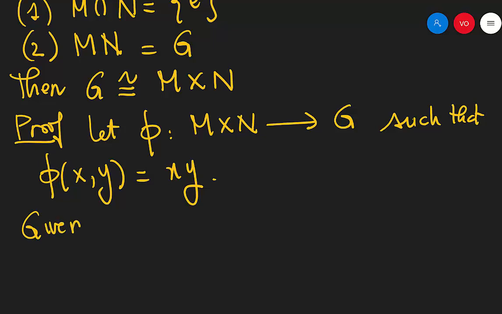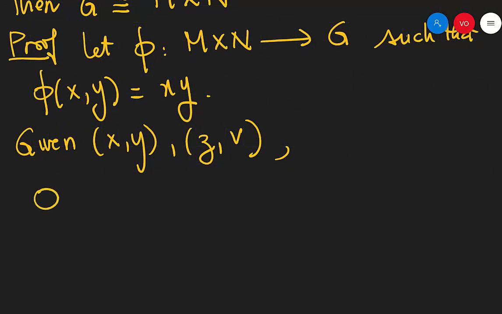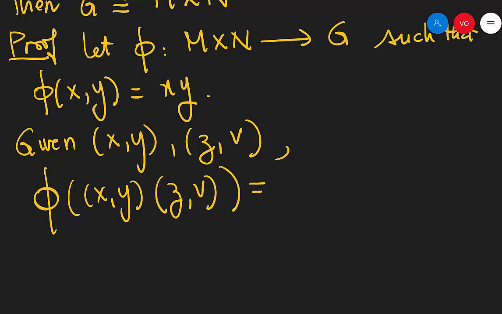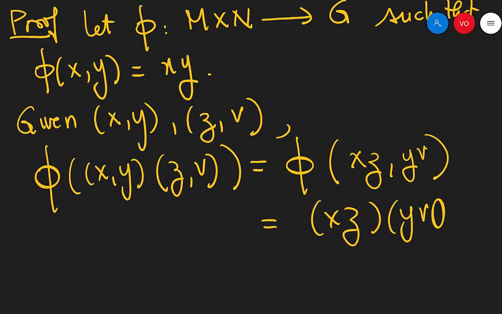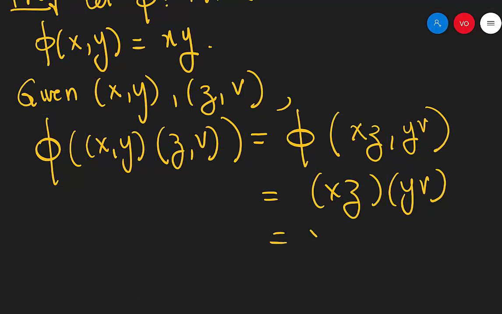So given x, y, and z, v, if we compute phi of x, y combined with z, v, that will give us phi of x z, y v, which will be precisely x z times y v, right? So essentially just x z times y v.